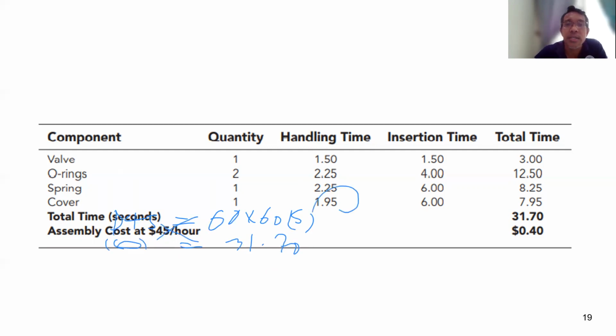So this is $0.4. That is how we can get the cost from the time. We get the time, and then from that time we can estimate the cost for the assemblies. All right.